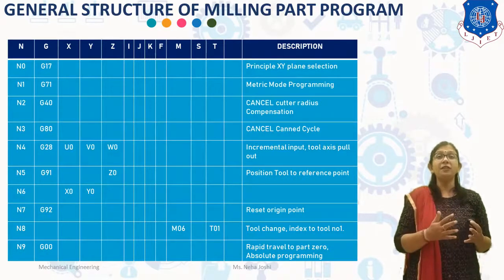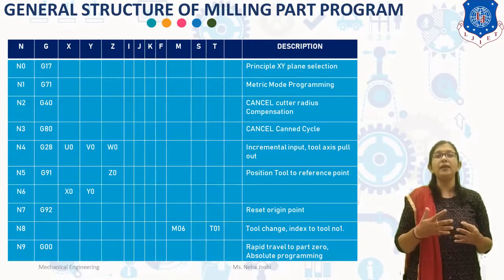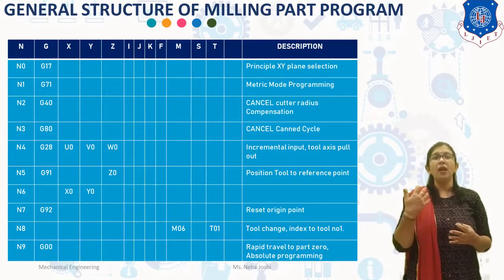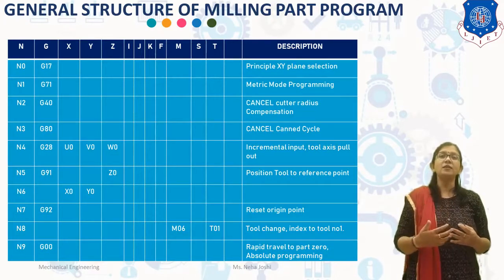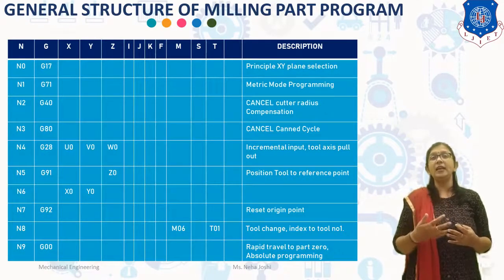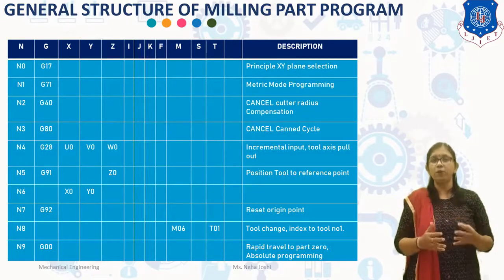After that, the sequence is N4, and G28 is used to go to the home position at x0, y0 and z0, and for pulling out the tool axis. The next sequence is N5, and G91 is used to set the tool at the reference point at z0.